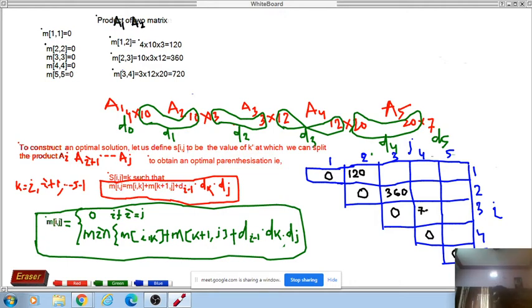Okay, this is the method. Next, what do I have to find out? M of 4 row, 5 column. Same thing you have to find out. M of 4, 5 will be equal to how much?